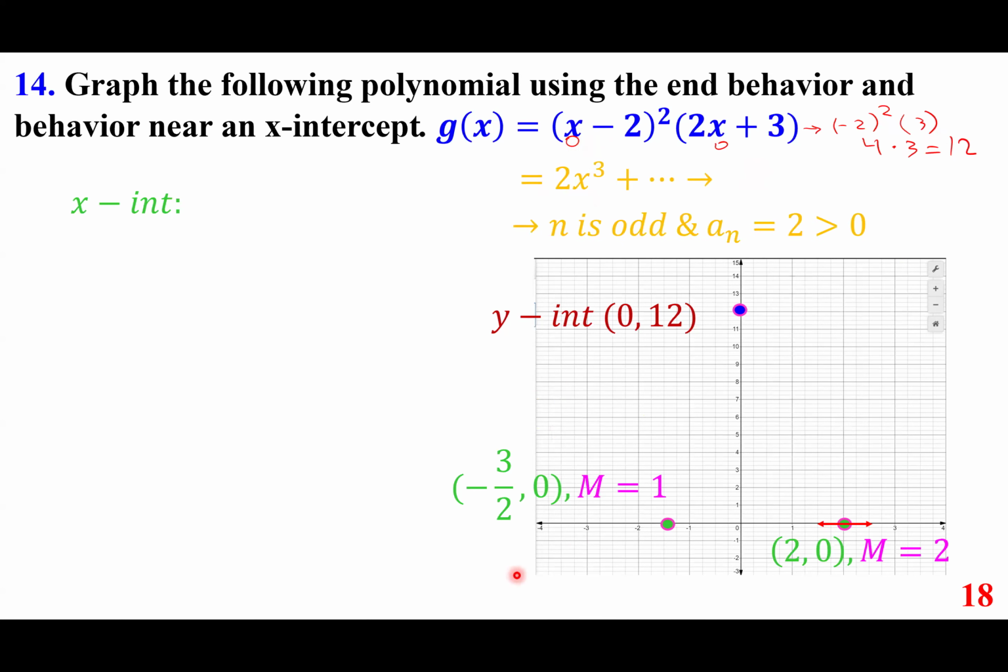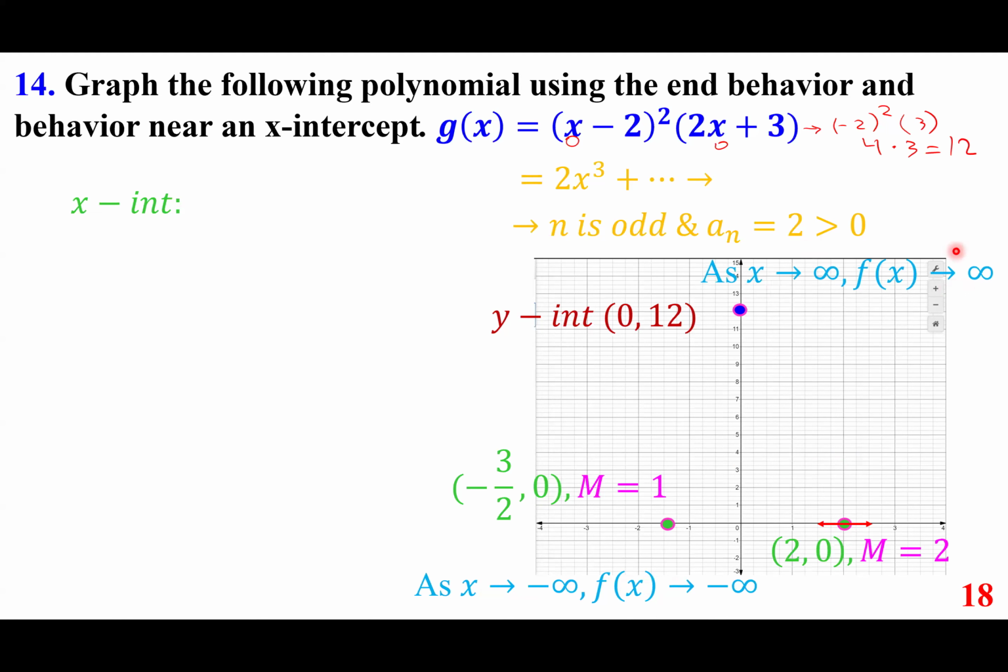So n is odd, meaning 3, and a sub n equals 2, or positive. That's important to understand, everybody, okay? So the end behavior is very straightforward, meaning x goes to negative infinity, so does y. Remember, f of x is the same as y. X goes to positive infinity, so does y or f of x.